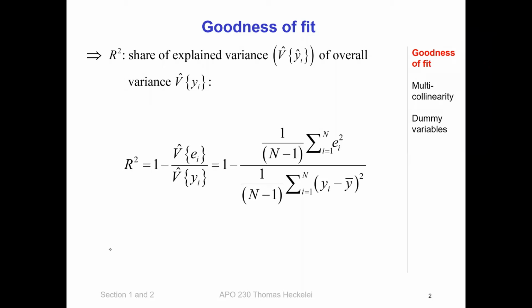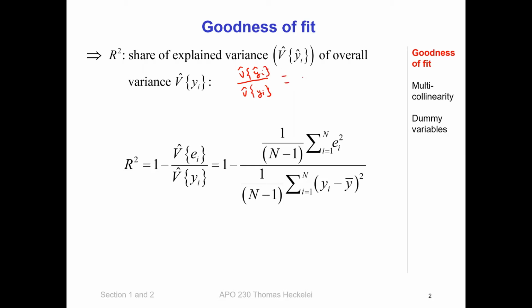Having seen that relationship, we could now ask ourselves, okay, how much of the variation in the data that we have, which is the estimated variance, the sample variance of y_i, can be explained by our model? And here when we talk about our model, it means what comes out of that, the fitted value.